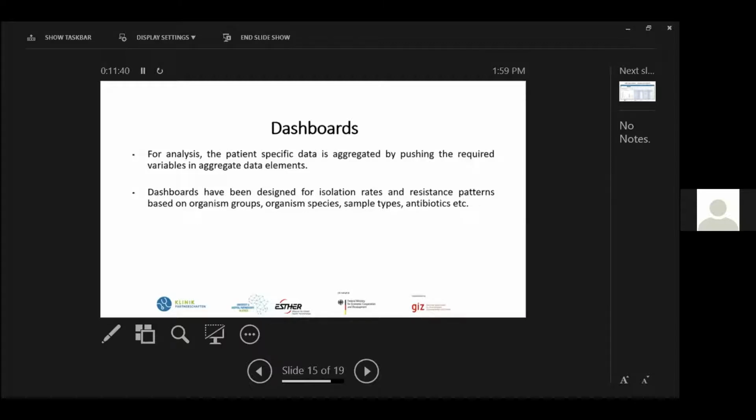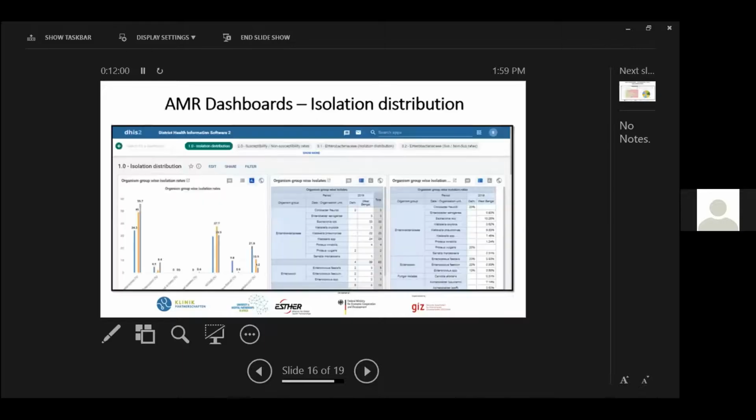We have also dashboards designed that will present each isolate and resistance patterns, also in terms of the units of hospital, and if it is for separate institutions, for each institution it will be analyzed separately. So this is what it looks like.